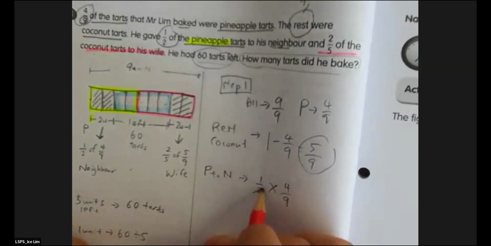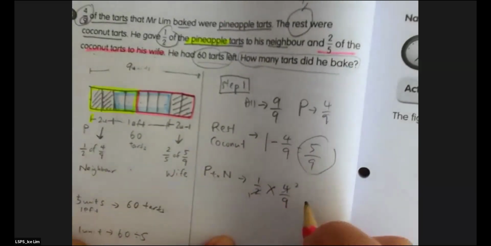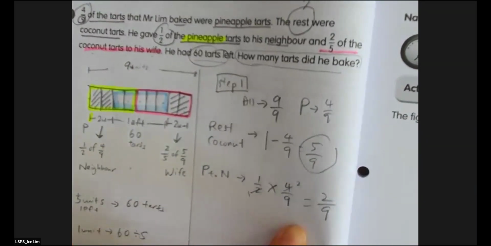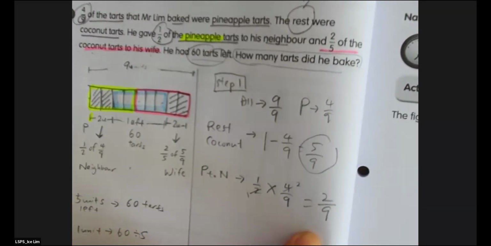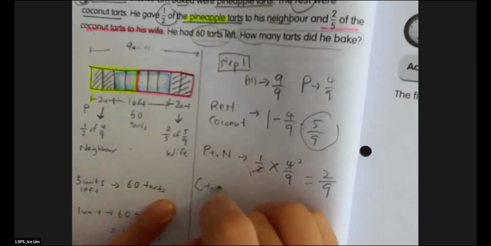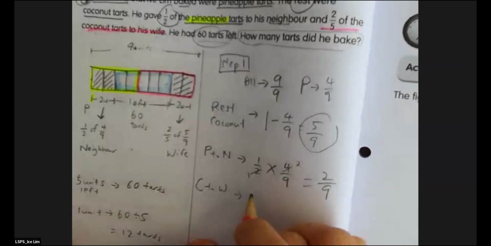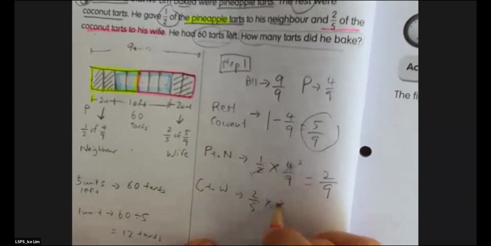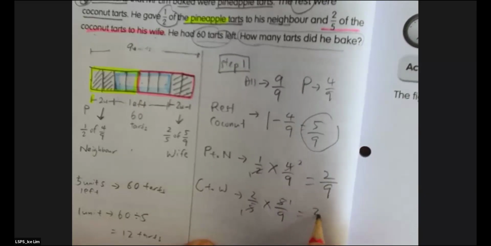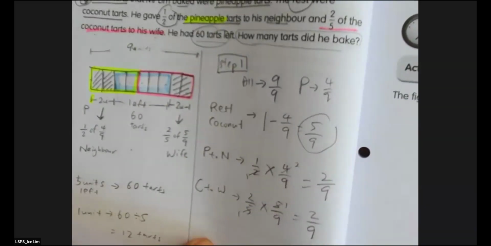So by formula, pineapple to the neighbor is 2 nines. By formula, coconut to the wife, 2/5 times 5 nines, also 2 nines.